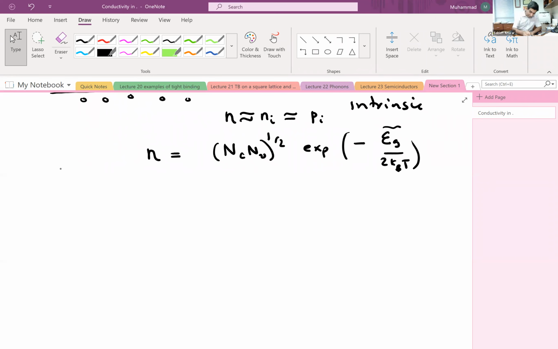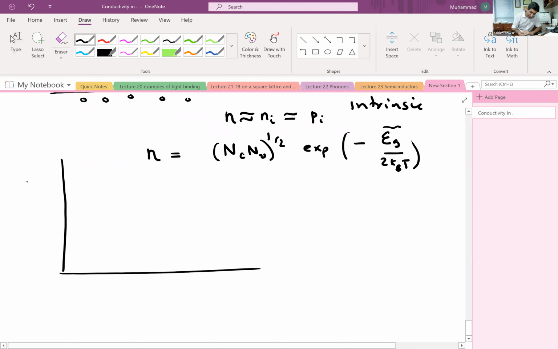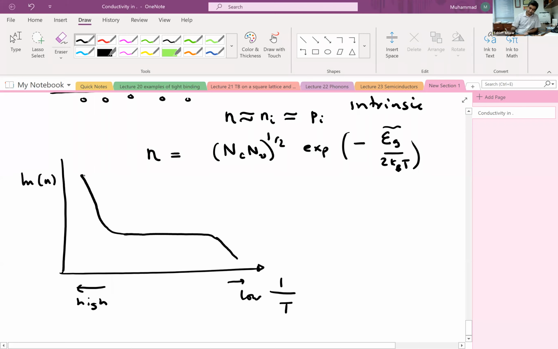So if I were to make a plot of, say, natural log of the carrier concentration versus 1 over the temperature, this is a strange way of making this plot, but this is how it goes. So this is my low temperature regime. This is my high temperature regime. I get a curve of this kind. Here the slope is going to be Ec minus Ed over 2 kB.